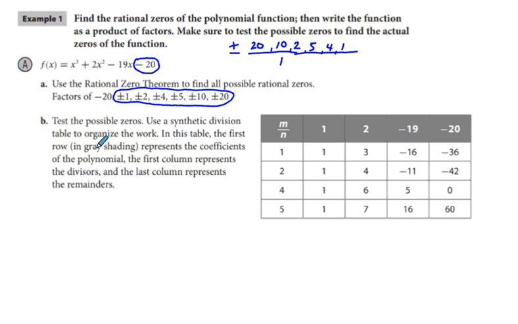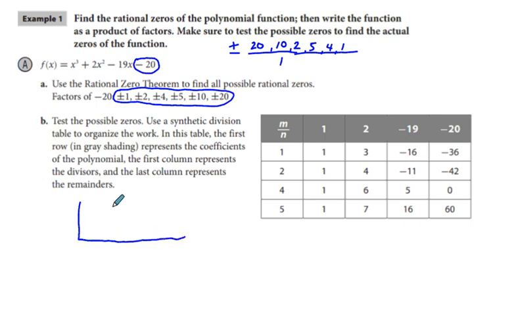The way it says use synthetic division table, you can test these zeros. And I like to usually start out with the smallest because they're most likely to be accurate. And this gets back to section 7.4 when we worked over synthetic division.